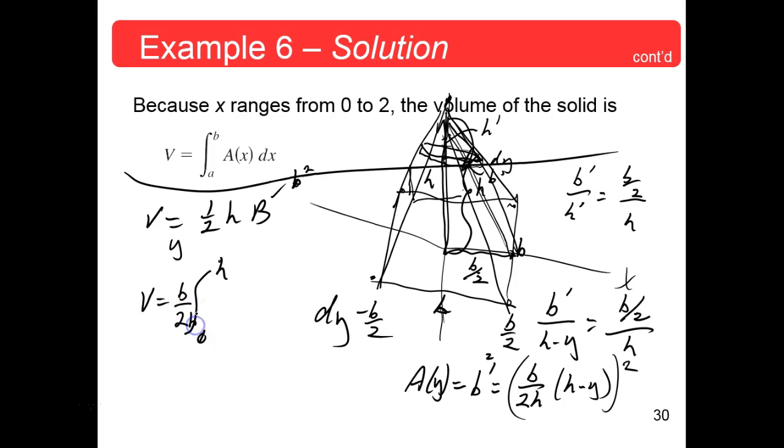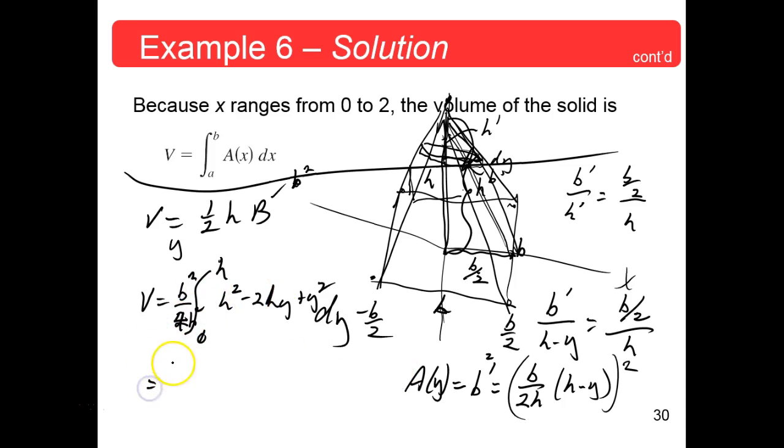I think we can pull the h out too, because that's fixed. And then what's in here is now h squared minus 2hy plus y squared. That's just that thing squared. Oh, wait. That's a b squared over 4h squared, sorry, because that was squared also. That's what gets pulled on the outside.